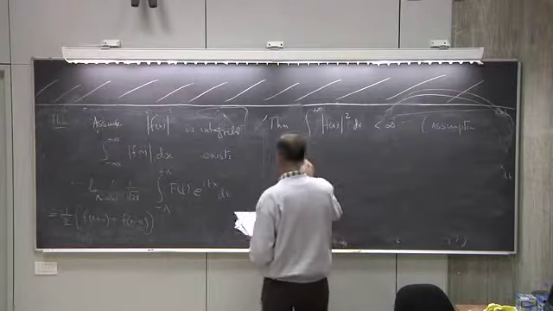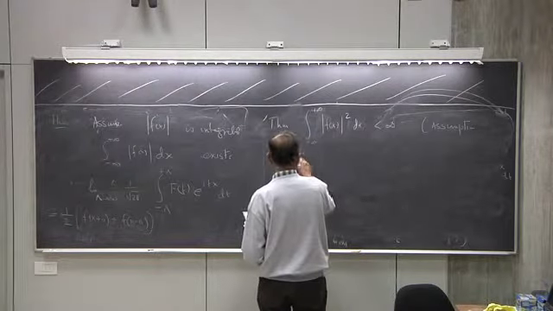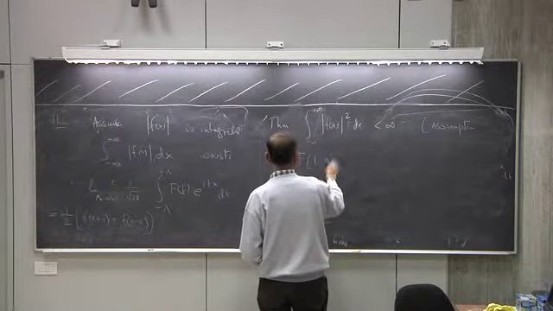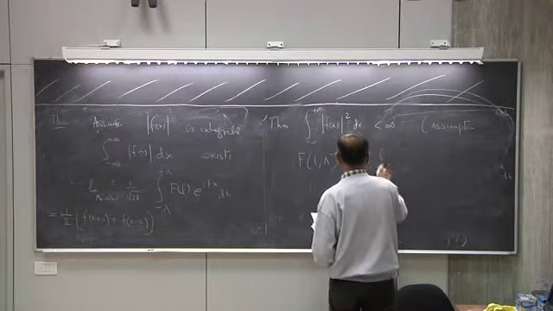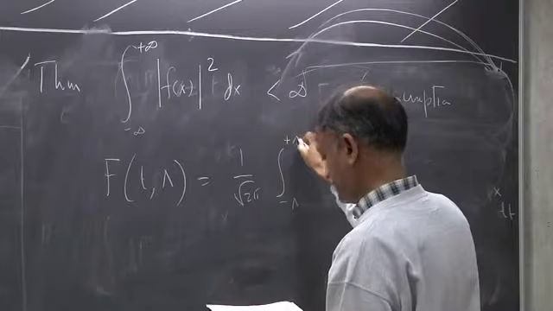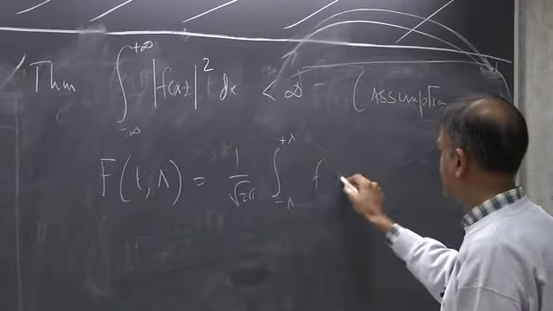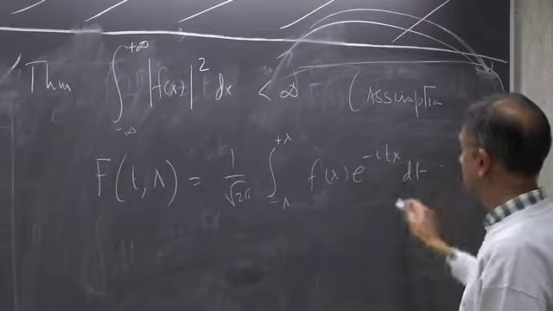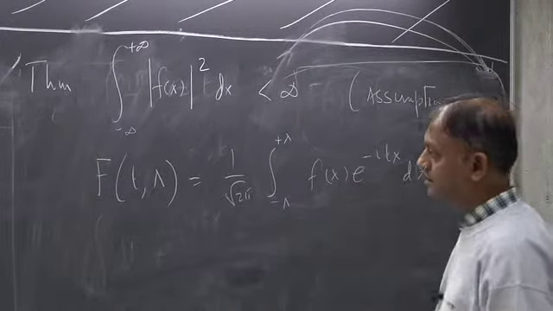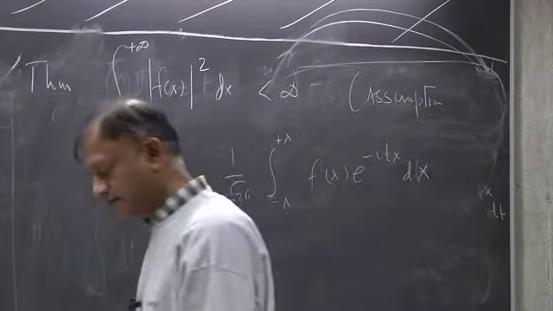Then if you construct this function F of t, lambda, which is simply given by 1 over root 2 pi, the integral from minus lambda to plus lambda of f of x e to the minus itx dx.